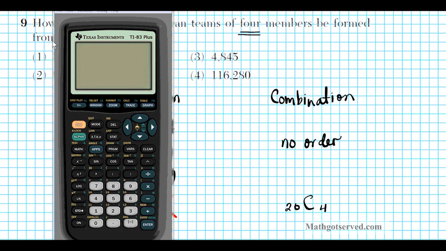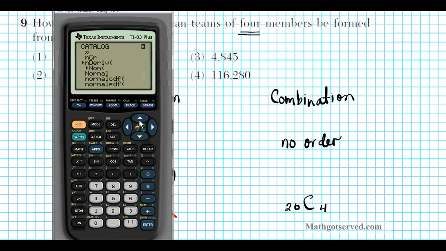All right, I'm going to be using the TI-83 calculator to compute the value of this combination. So we will enter the number 20, and then we're going to be choosing 4. So you can go to catalog, second function 0, catalog, and you scroll down to N for combination. So let me just press the N button. Okay, so nCr, this is for combination, okay?